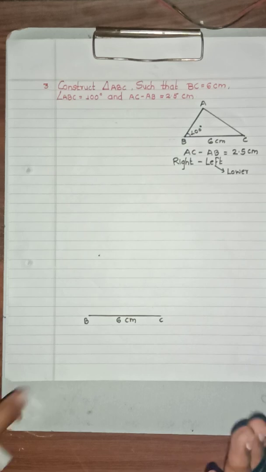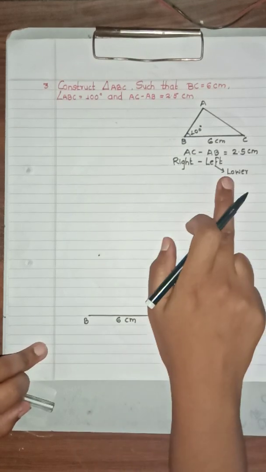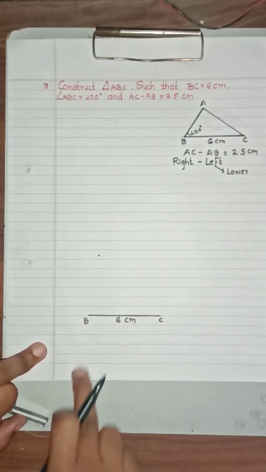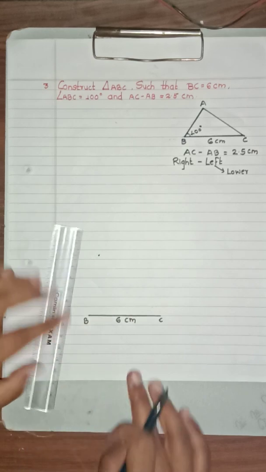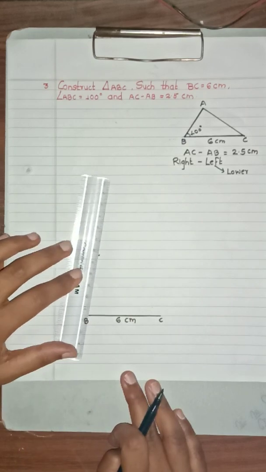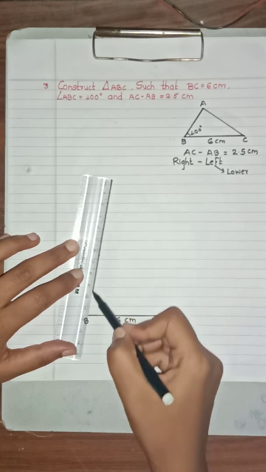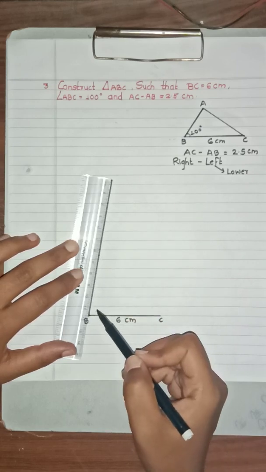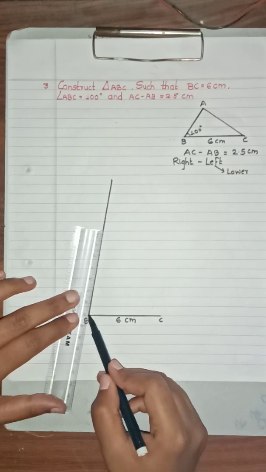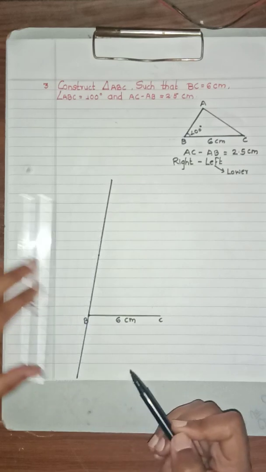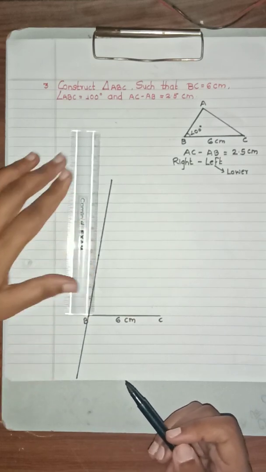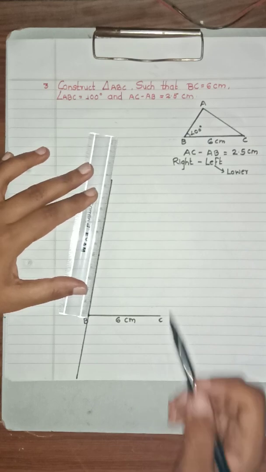Okay, now when they tell you lower, that time you have to extend this angle below B. Now see, first of all we'll draw this. Okay, you have to also draw it below. Okay, more I'll extend this.